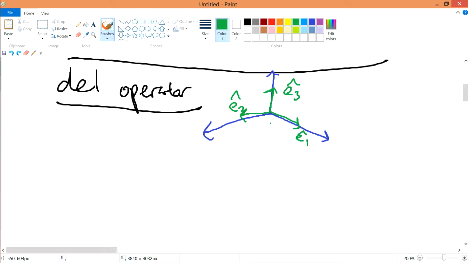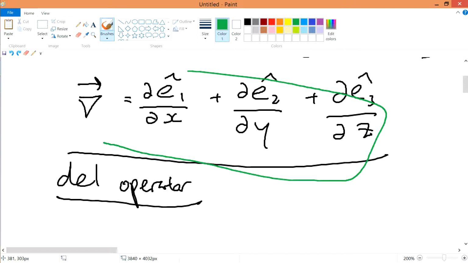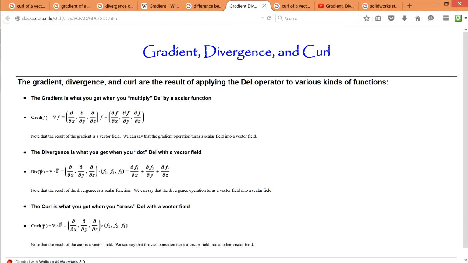Alright, so we're going to differentiate in terms of its position, in terms of each of its directions. This is what it's doing. Alright, so this is differentiated across each of its own directions. I'm not going into details on how it is, but I'll just emphasize that the del operator is very important, and how the del operator is operated is through this one.